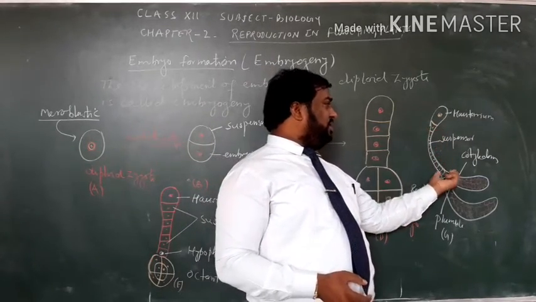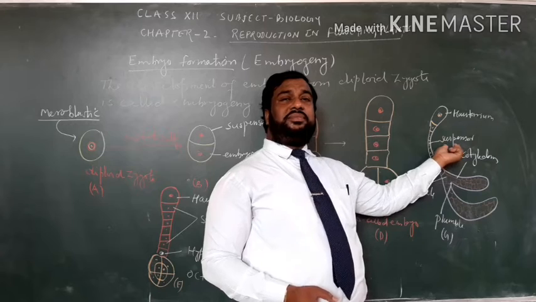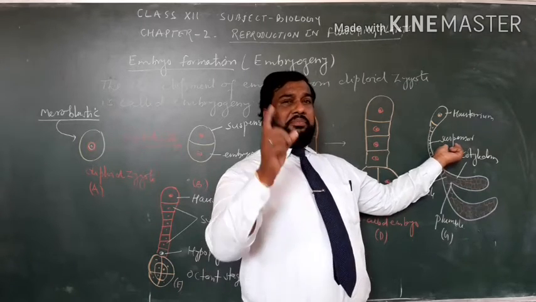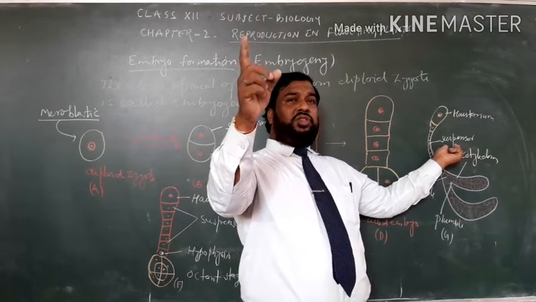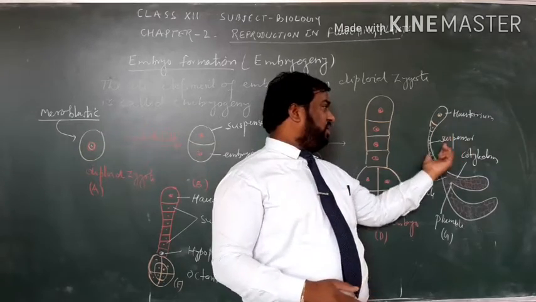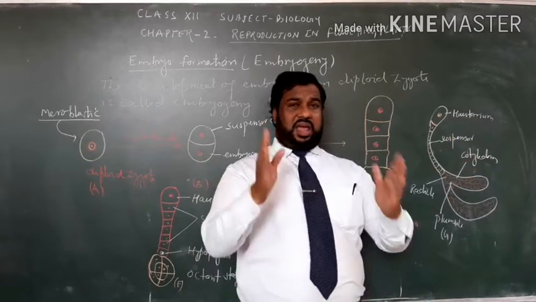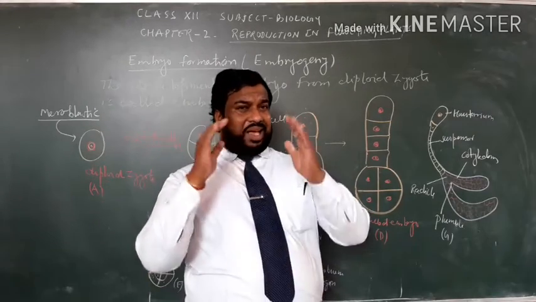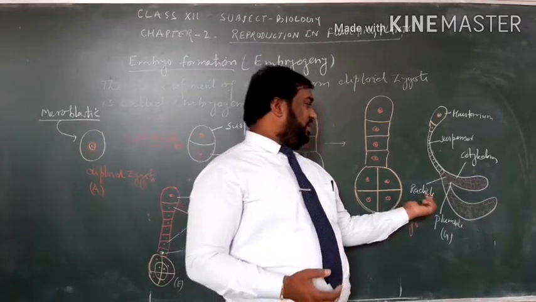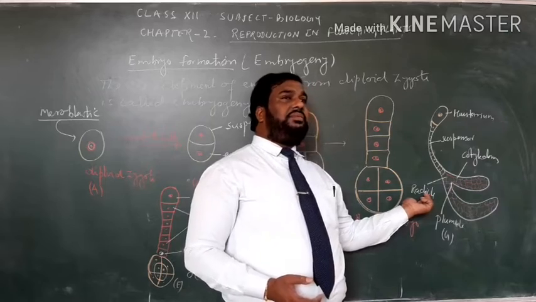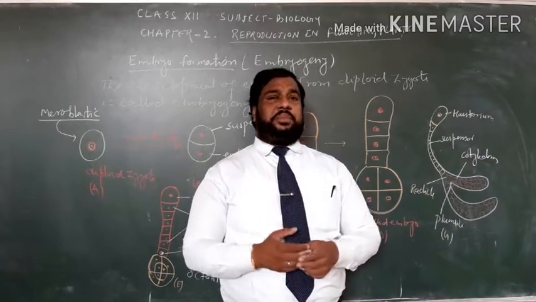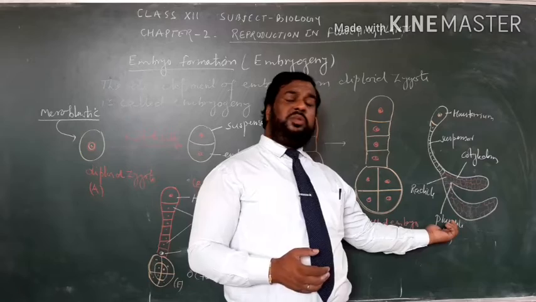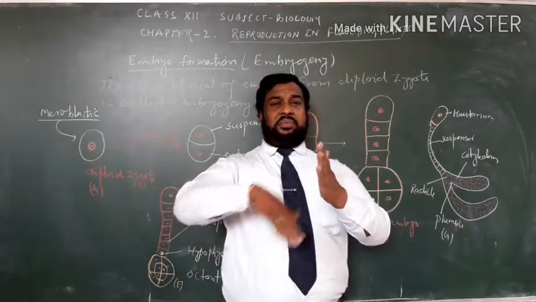One long suspensor, which is the connection between endosperm and embryo. Then two cotyledons along with the radicle having one root cap, and the plumule having a covering sheath.